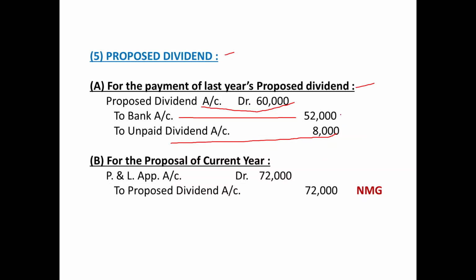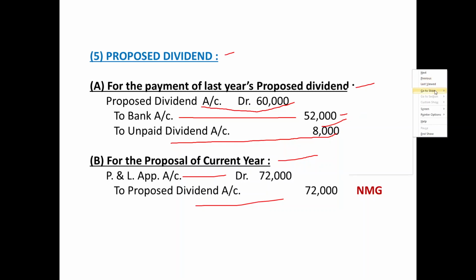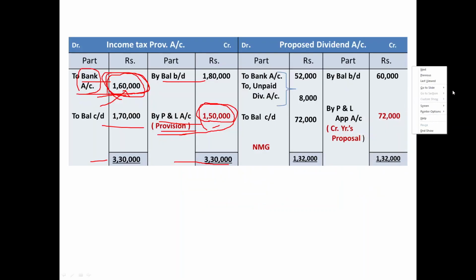And that is why only 52,000 has been paid, credited to bank account. While the current year's balance 72,000 is the proposal of the current year. Profit and loss appropriation account debited, proposed dividend account credited 72,000. Let us give the posting in the concerned ledger accounts of proposed dividend and unpaid dividend. First, G.